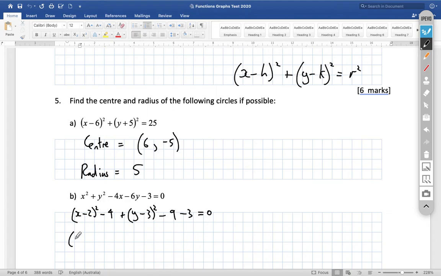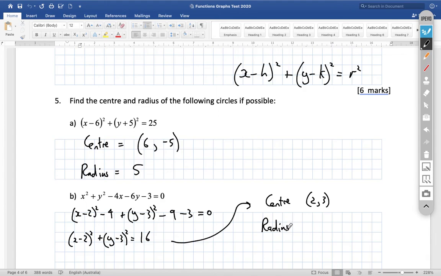So once I've got it into this center-radius form, we're going to have 16. Once I've got it into this form, I should be able to very quickly see that the center is (2, 3) and the radius is 4. Okay, so that's how I do it.